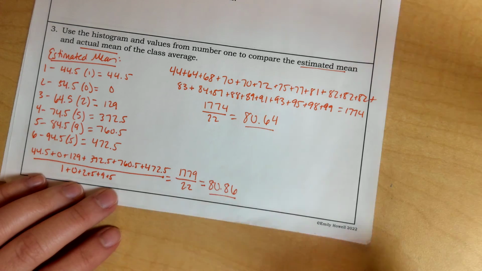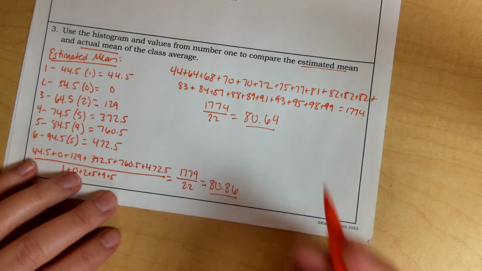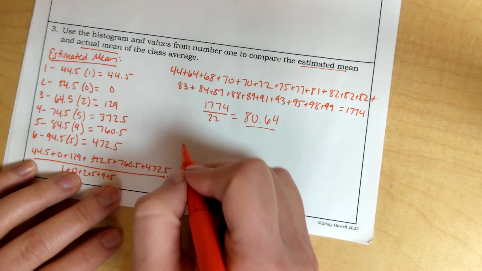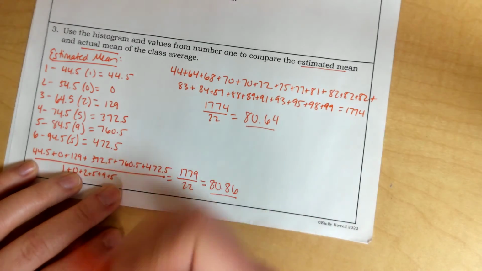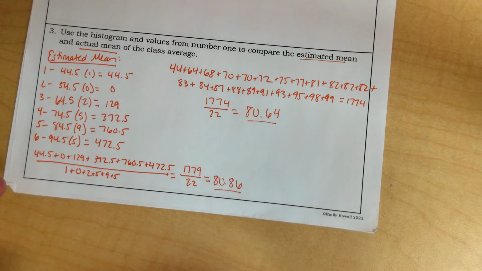So this was actually a very, very close estimate to the actual mean. In comparison, however you want to compare that, again, it's your opinion how lengthy or how focused you get your answer.